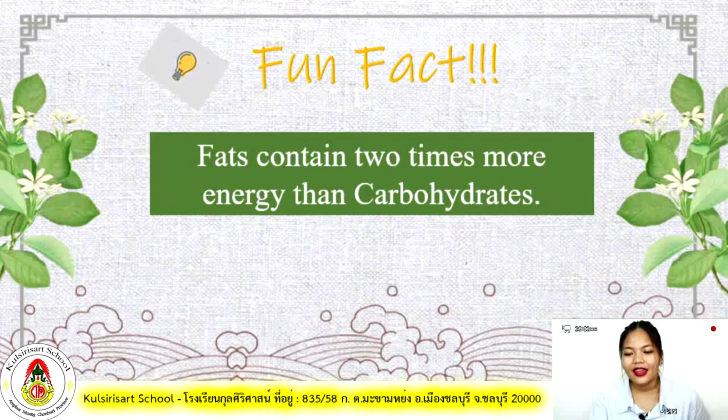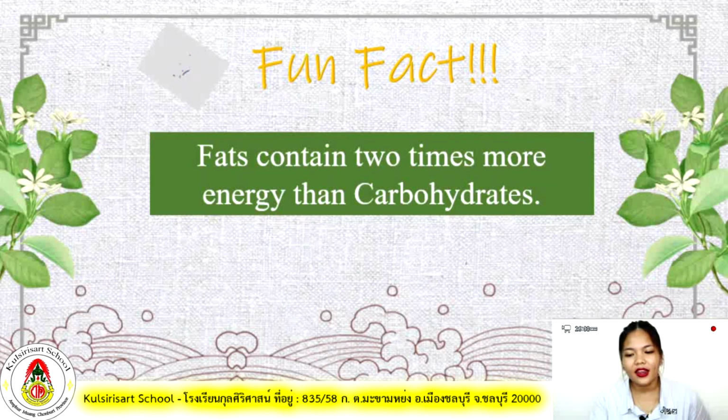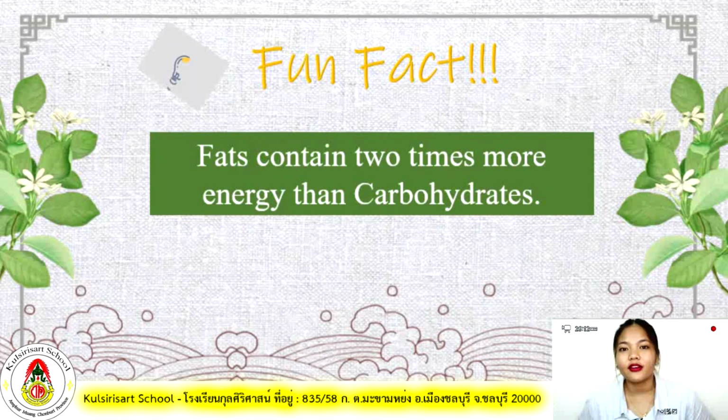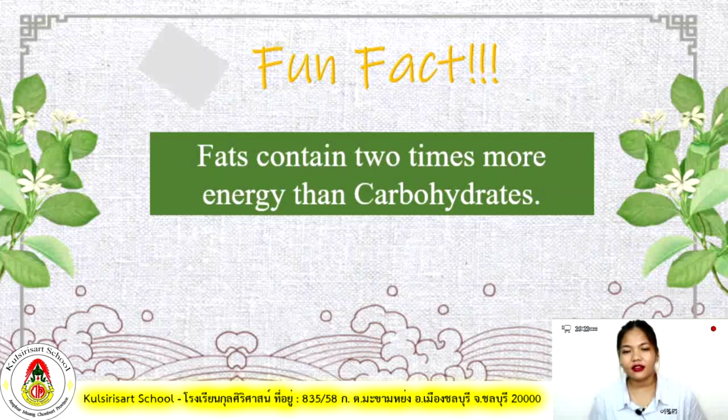Now we have a fun fact. Fats contain 2 times more energy than carbohydrates. We said a while ago that carbohydrates are our body's main source of energy, but did you know that fat contains 2 times more energy than carbohydrates?